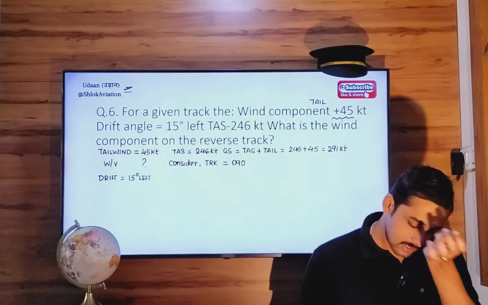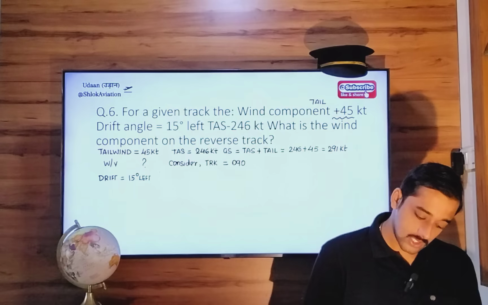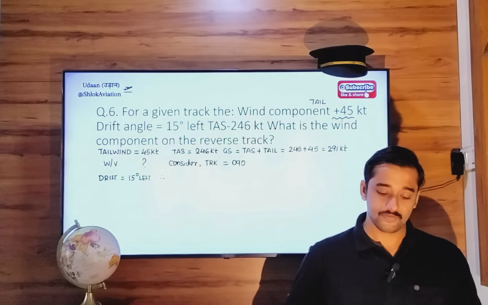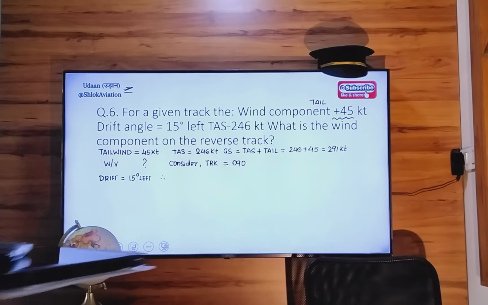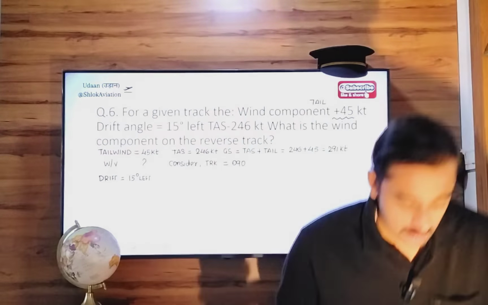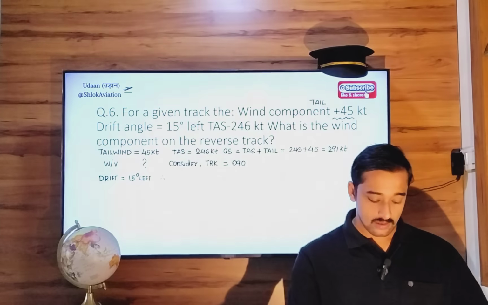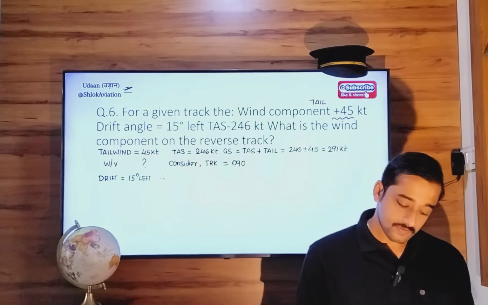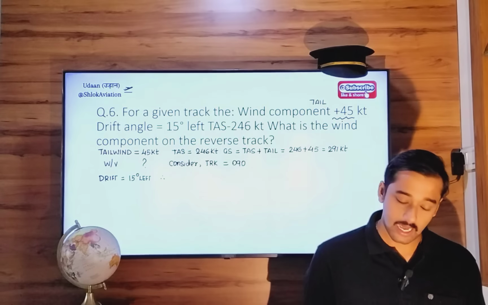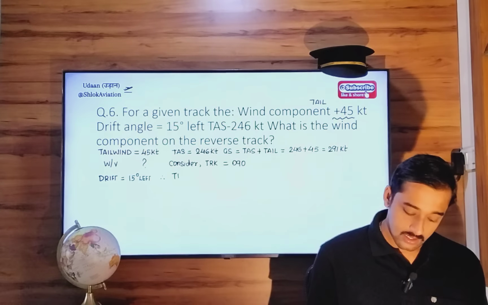Okay, drift is 15° left. So your heading will be... with 15° left drift, your track is going to be less than your heading.